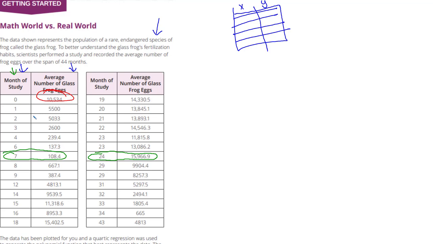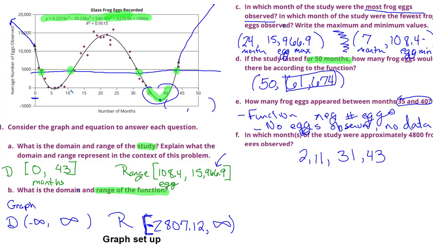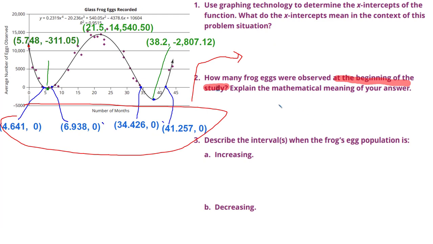Either one would have been intercepted. So 10,400 or 534 is how many eggs you began with.